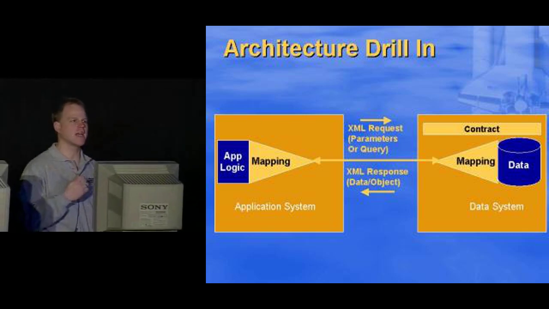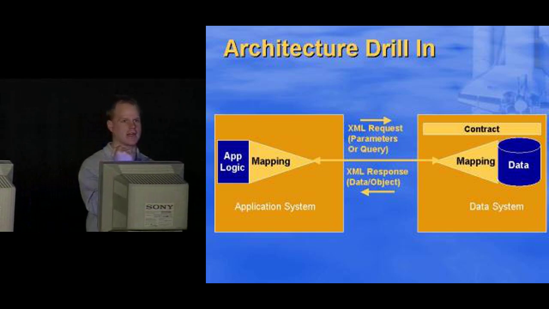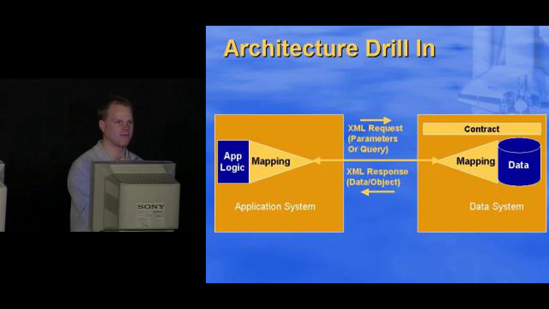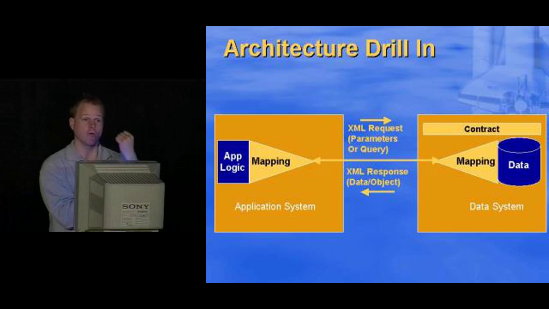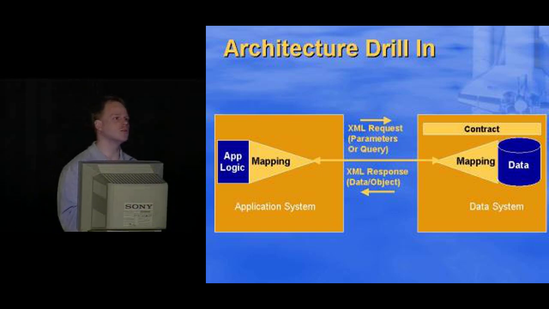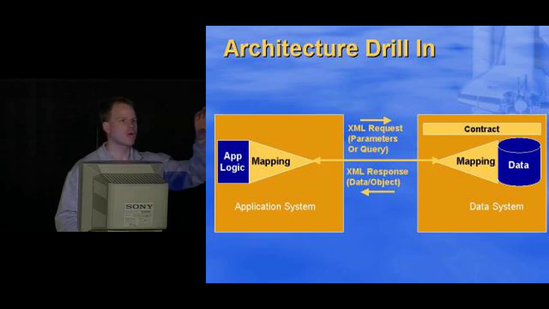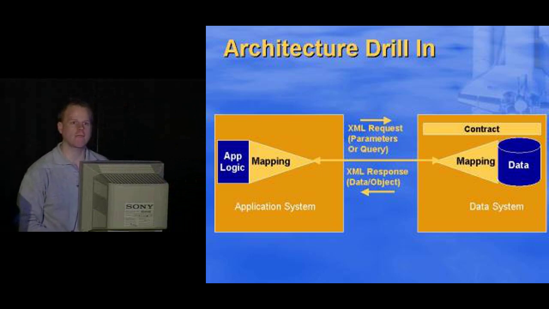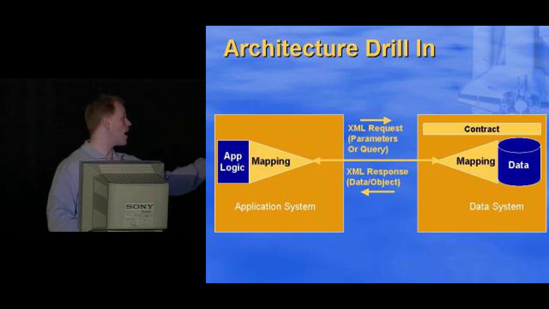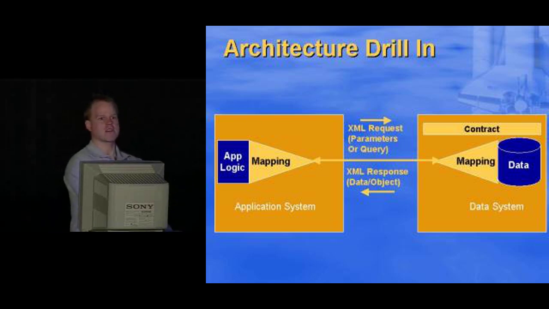What we say is we agree on a contract and say requests for data take this format, and responses based on that request take this format. So all I need to do in my application is map my requests for data from my objects into that XML-based contract format and send that to you, the web service, which interacts with the data store. The web service will say, okay, I'm getting this request, get footballs.